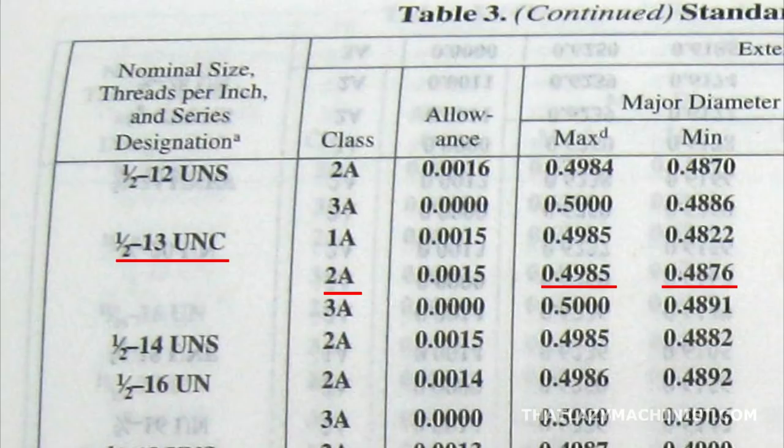Now, I don't think anyone would want to have to name or call this thread a 498 to 487 thousandths of an inch 13 UNC thread. No, it's a lot easier just to call it a 1/2 inch 13 and say that 1/2 inch is the nominal diameter. The actual major diameter, well, that'll depend on the class of fit that I want.